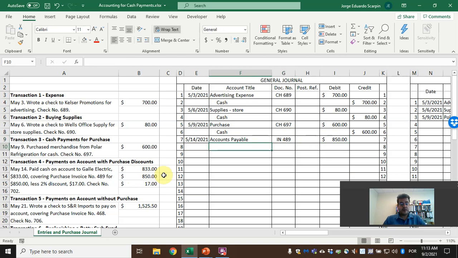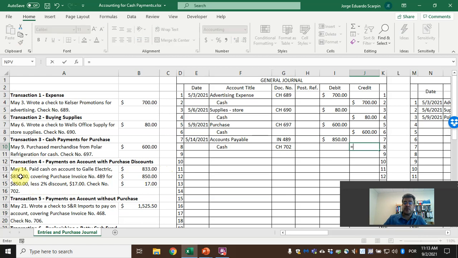However, how much are we paying in cash? And then check 702. We are paying $833. So $833 is how much we are paying. However, it is not balanced.